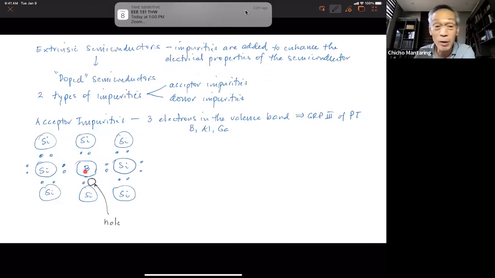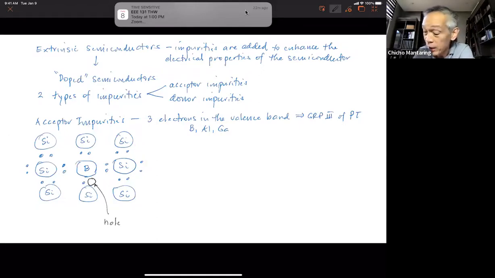So this boron atom will be neutral, right? Because kung tatlo yung electrons siya sa valence band, it will have a corresponding number of positive charges in its nucleus. And all the other atoms will also continue to be neutral, because whatever number of electrons in the valence band will have a corresponding number of positive charge in the nucleus. So this stays electrically neutral.